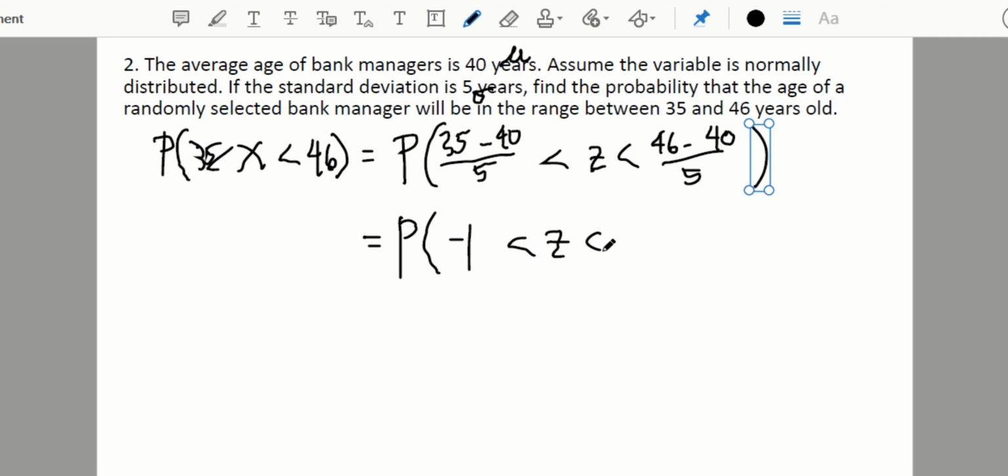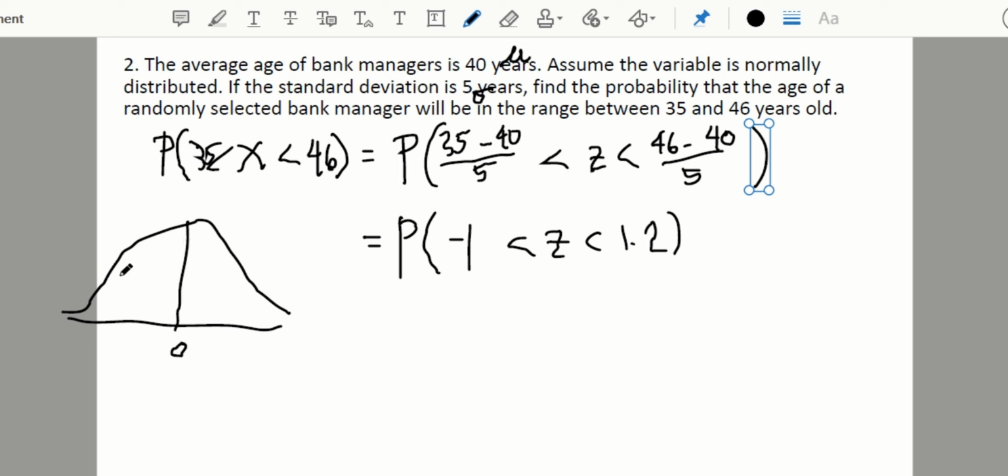So on the other side we have 6 divided by 5, that is 1.2. Okay, so if we draw the normal curve, negative 1 is here and 1.2 is at the right side of 0, so we will be needing this area.